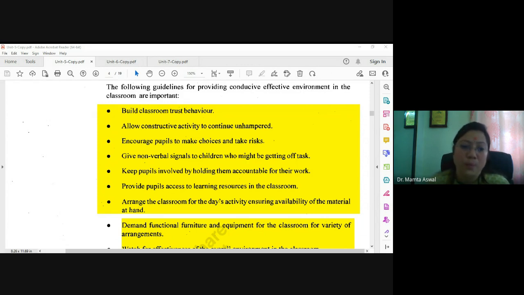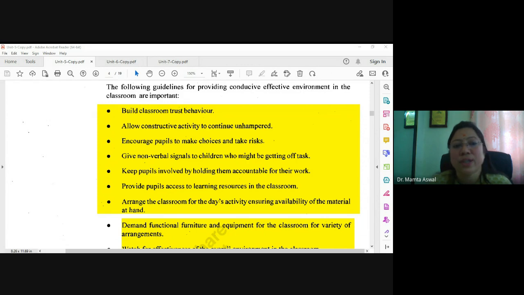So the next thing is involvement of the student. Whatever work the child is doing, they must be held accountable for this work. You have to do it, and you will be responsible for this particular work. The teacher must also provide access to learning resources.